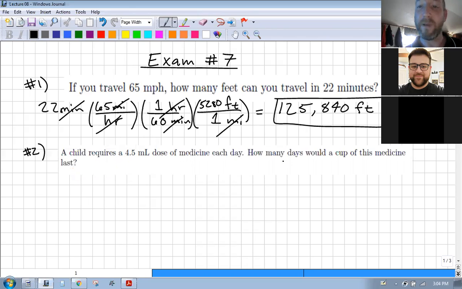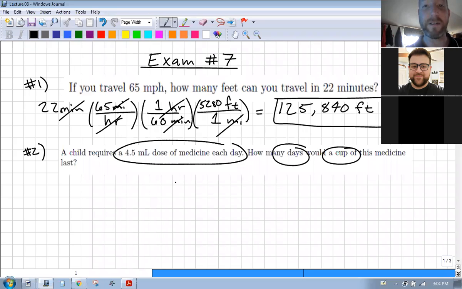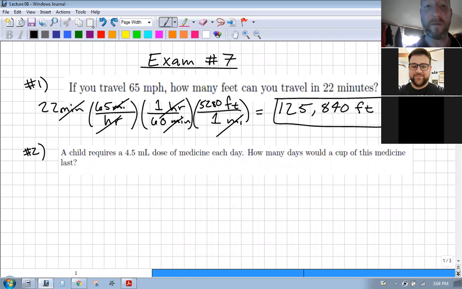They're saying you have a cup, and then we have to convert 1 cup to days, and 4.5 milliliters is equivalent to 1 day, right? They're saying this is the same thing. We start off with 1 cup, but we want to convert that to days.